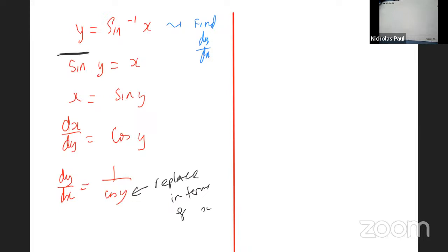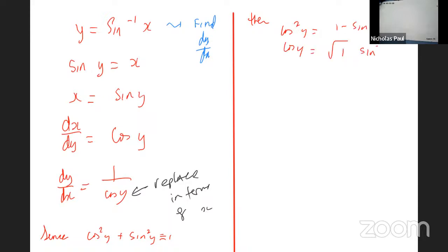All we know about x right now is x is sine y. So here we could say that since cos squared y plus sine squared y is 1, then cos squared y is equal to 1 minus sine squared y, or we could say cos y is equal to the square root of 1 minus sine squared y.